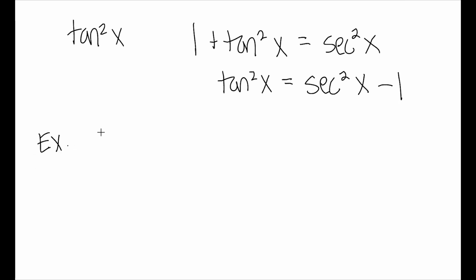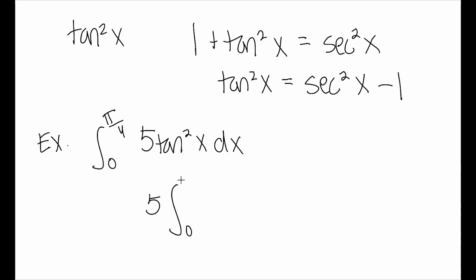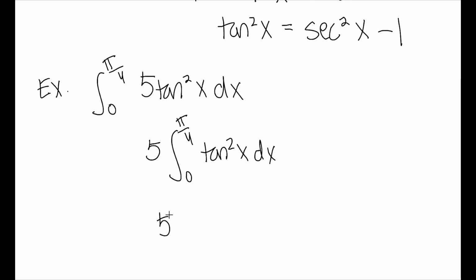So let's say you're asked to find the integral between 0 and pi over 4 for 5 tan squared x dx. The first thing I'm going to do is pull the constant out. Then I will replace tan squared x with secant squared x minus 1.